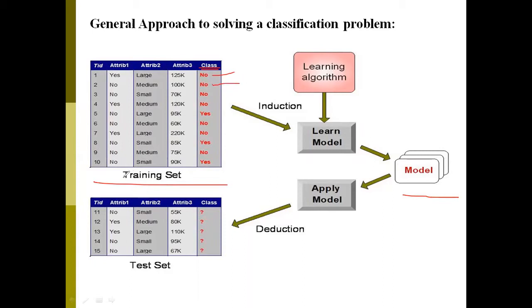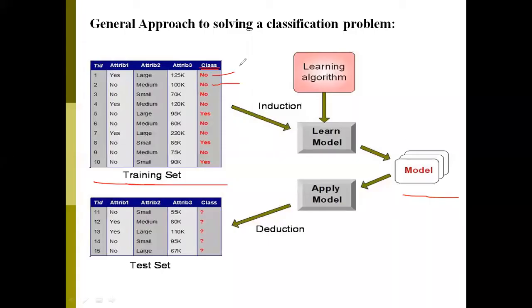In the training set, you have the complete information including the class attribute, with already predefined class labels. By using this, you construct a model.